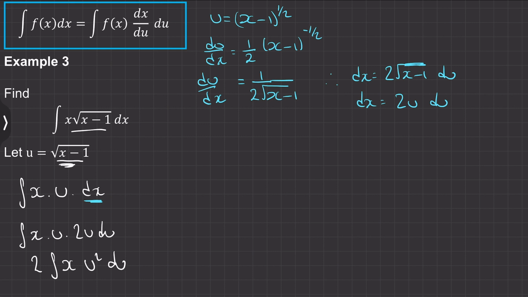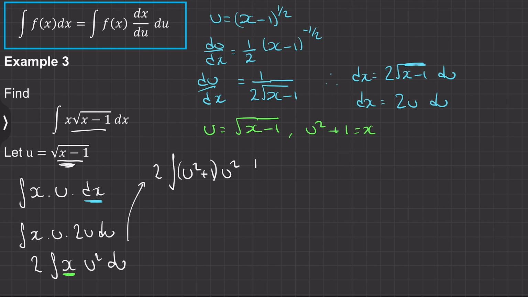The next thing we need to do is to write this x in terms of u. So we can say if u is equal to the square root of x minus 1, then u squared plus 1 will equal x. And we can write this x into here. So we have 2 times the integral of u squared plus 1, times u squared, integrated with respect to u.